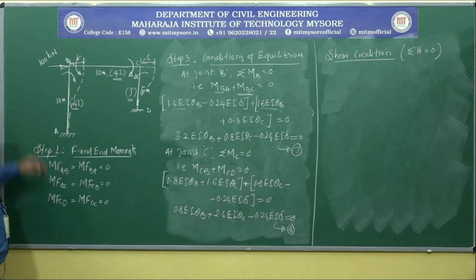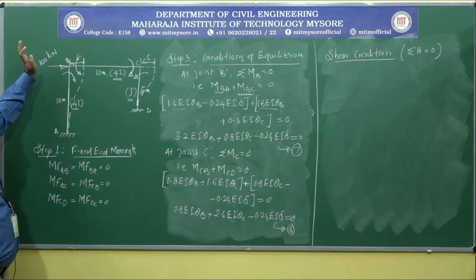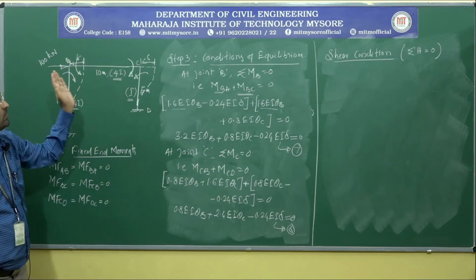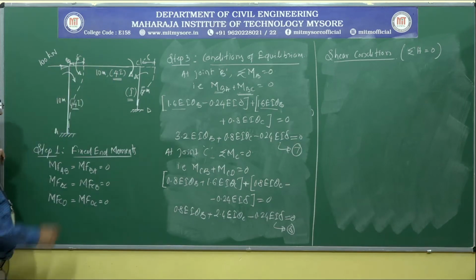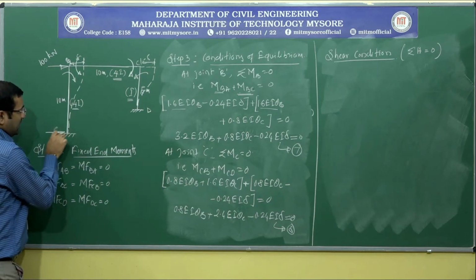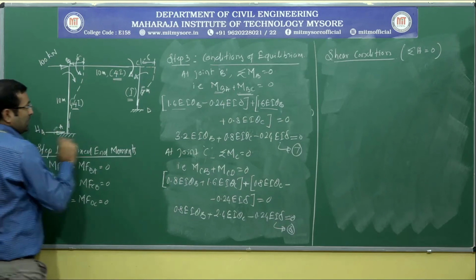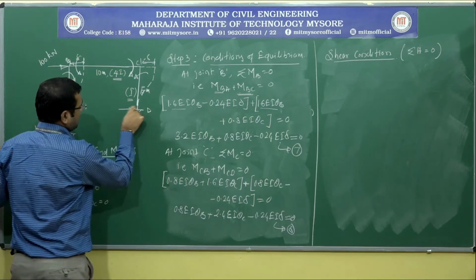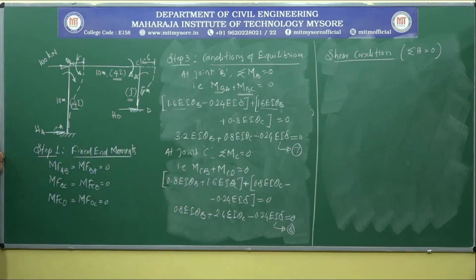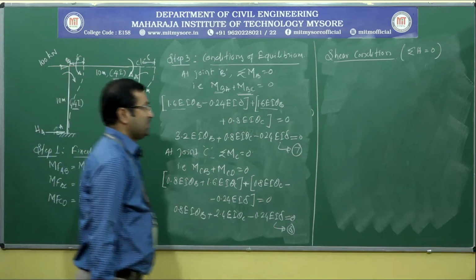So here you can see on the frame we have 100 kilonewton horizontal load. Because of this, the entire frame tries to sway or to try to displace in the horizontal direction, but due to these two supports there will be a resistance. So let us call them as HA, a horizontal reaction at A, and HD, a horizontal reaction at D. So these two reactions, they will try to oppose the horizontal displacement.